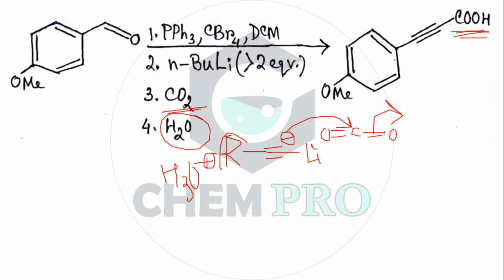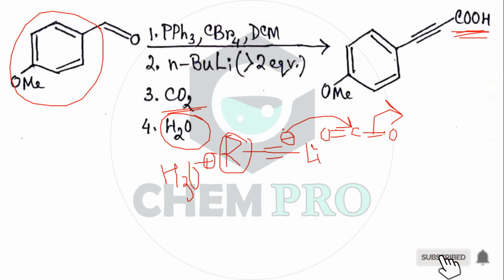Okay, this R group is this part of the molecule, the reactant, and this negative will attack the carbon of the carbon dioxide and make one double bond O to O negative. And this O negative will take up one proton from the water or the H plus ion. Okay, this is water, and this will take one proton from the water and make the desired product, that is carboxylic acid.